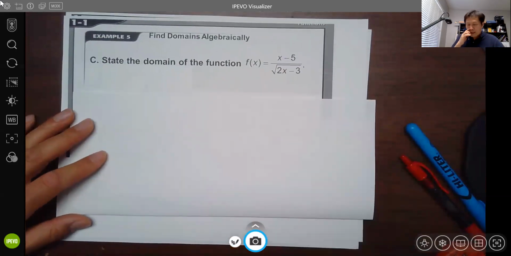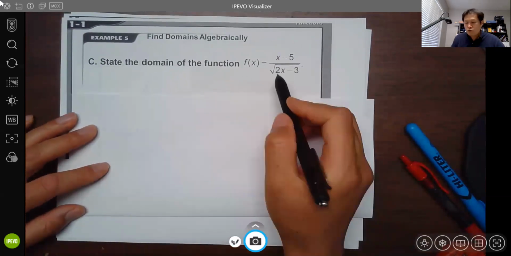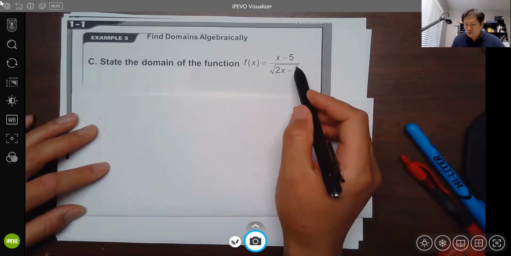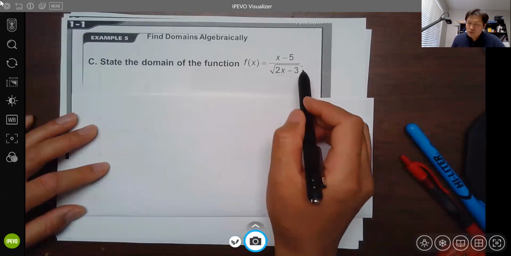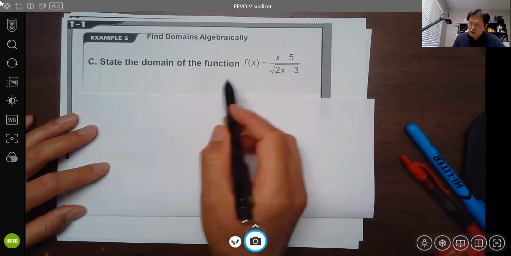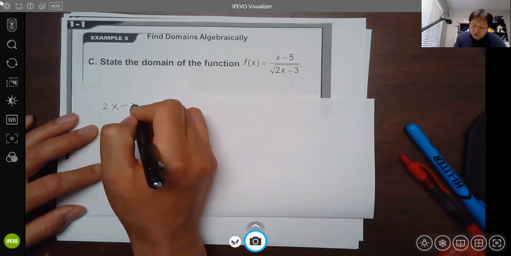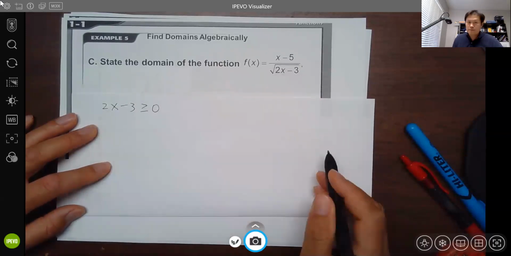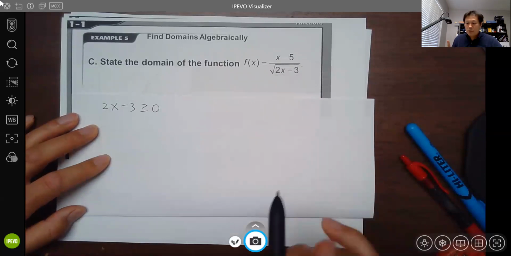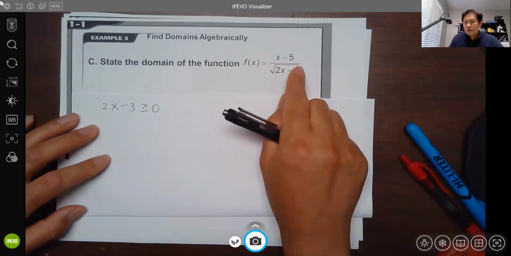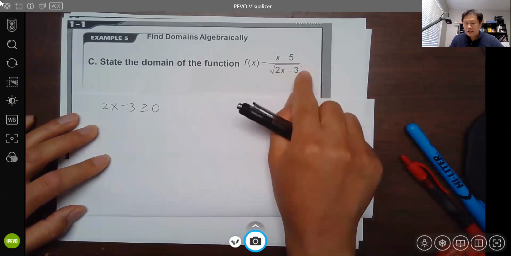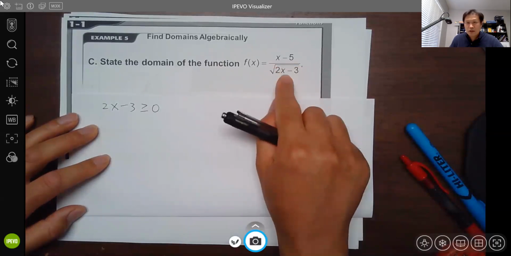If you deal with the domain of the root, inside the root has to be greater than or equal to 0. Inside the root, which is 2x minus 3, has to be greater than or equal to 0. But do you remember, considering a rational function, anything on the bottom of the fraction cannot equal 0.